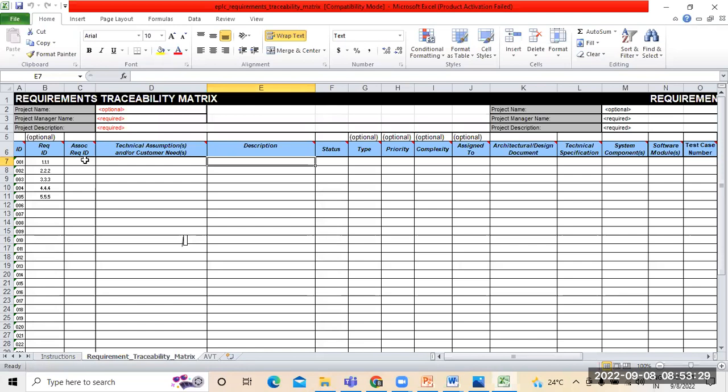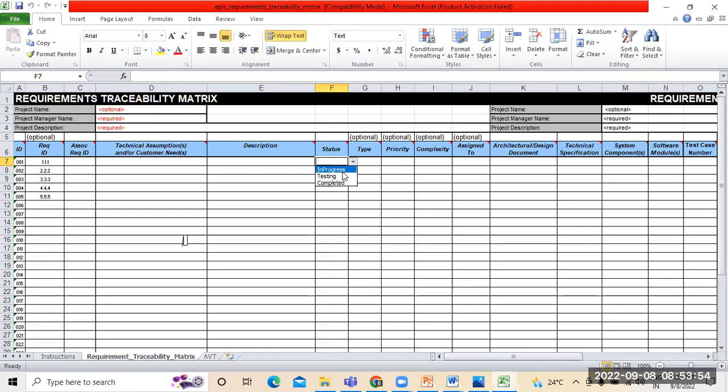Now, this is a continuous process which the testing team does. It is not a single-day activity. It is an activity they have to perform throughout the project, because there are hundreds of requirements in a real environment. So they need to write down the description of that particular requirement, followed by the need of the customer, and then mention the status.